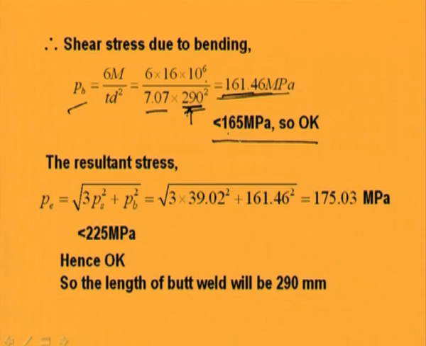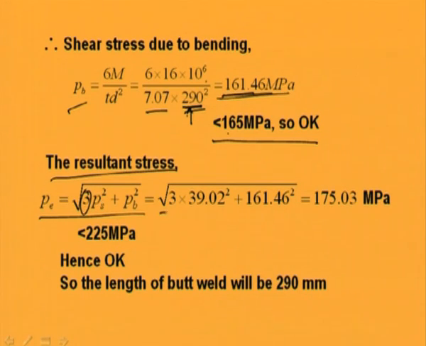Now the resultant stress. As per the Codal provision, PE is equal to root over 3 PS square plus PB square. Mind it, 3 has been multiplied with the PS square, not only PS square plus PB square, but 3 PS square plus PB square.